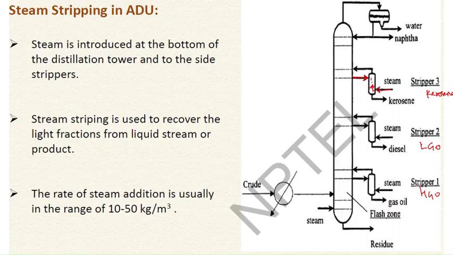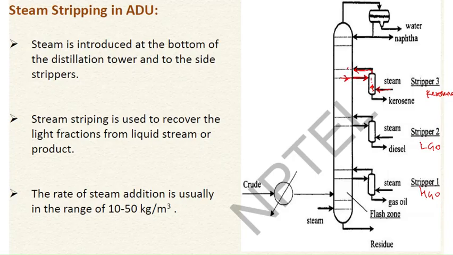it will take up the lighter portions present in this kerosene. It will take them along with it, and the lighter portions will be taken out as reflux in the upper plate. Suppose we are getting our kerosene from this lower plate. The lighter portion obviously should be coming out in the upper plates.